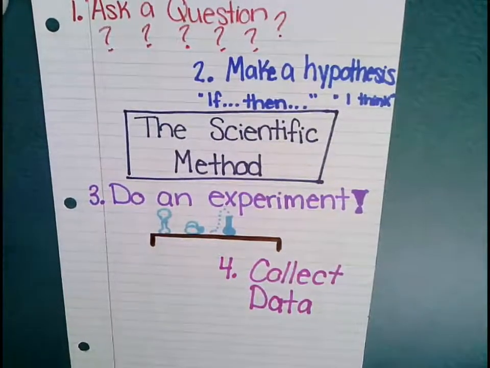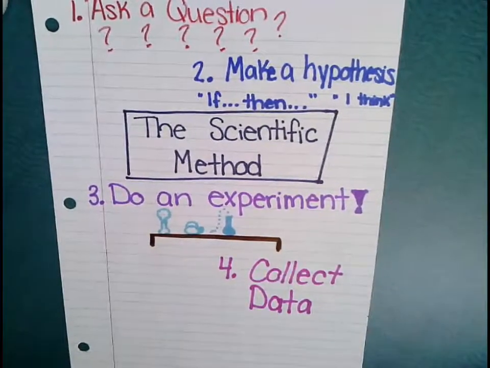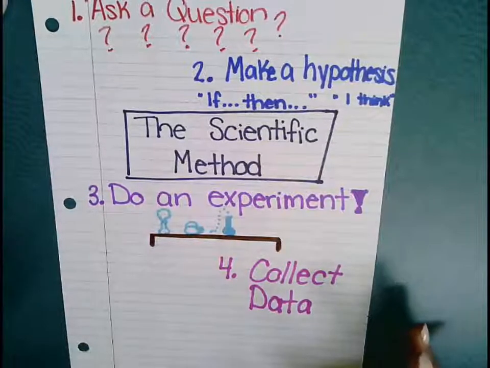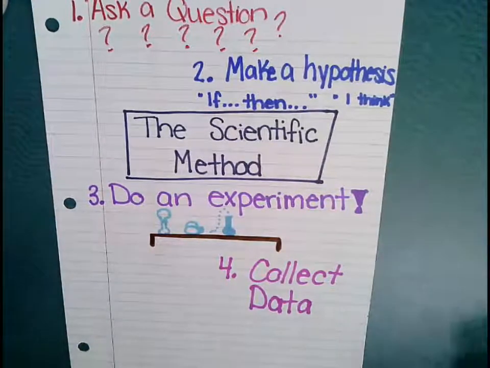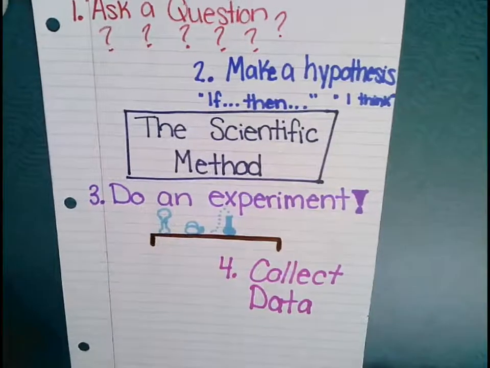Sometimes I might use numbers, so I might say the plant that I watered grew 4 inches tall and the plant that I didn't water only grew 1 inch tall. I could say the plant that I watered looked greener and the plant that I didn't water didn't really have much color. So I could describe it using numbers or by how something looks, feels, tastes, or touch.